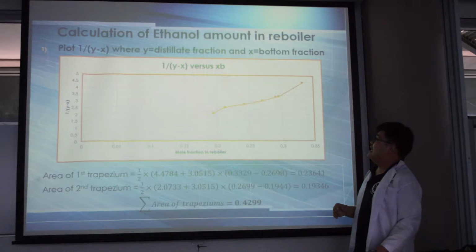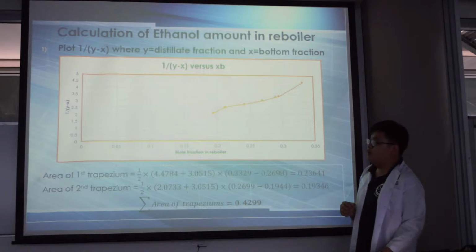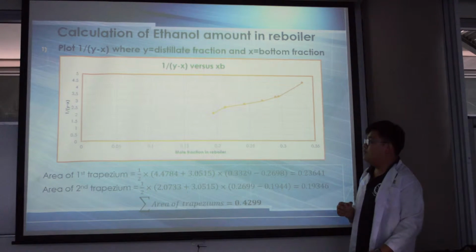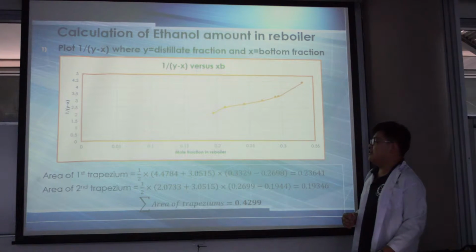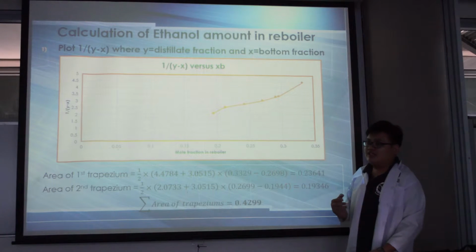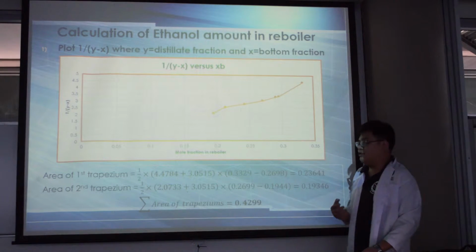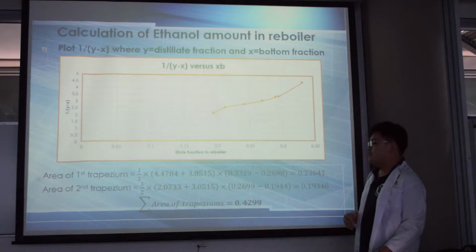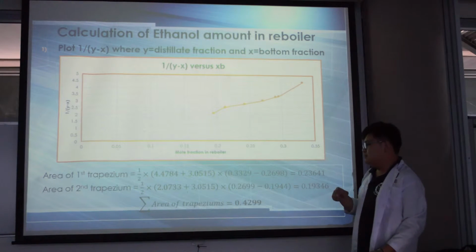Now, to calculate the ethanol amount in the reboiler, you need to plot the graph of 1 over (y minus x), where y is the distillate fraction and x is the bottom fraction, to know the area under the graph, which we use in Rayleigh's equation later. In this graph, we break it down into two trapeziums, trapezium 1 and trapezium 2.